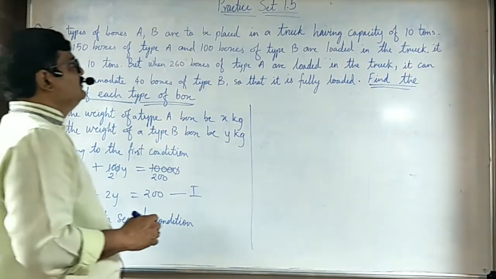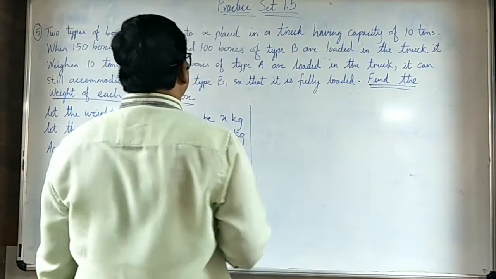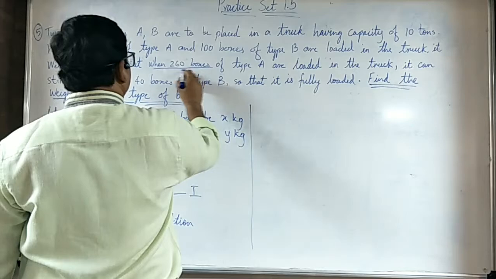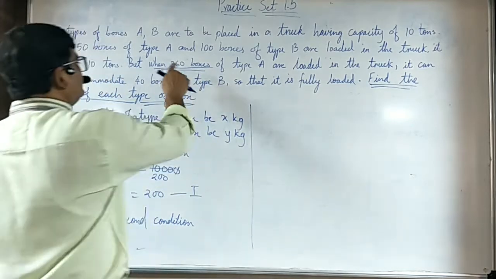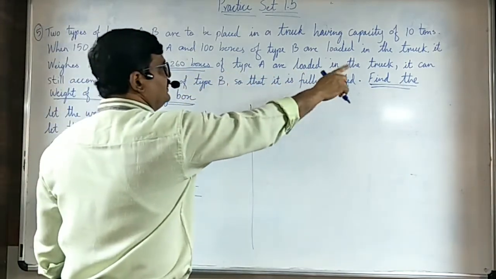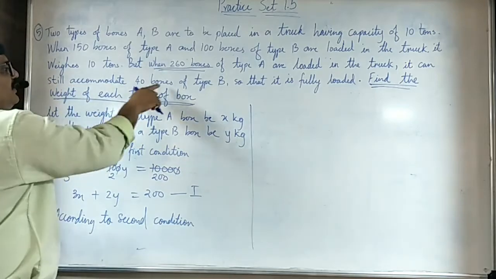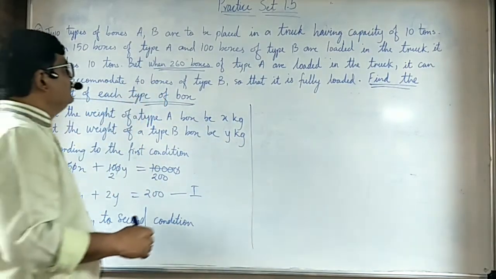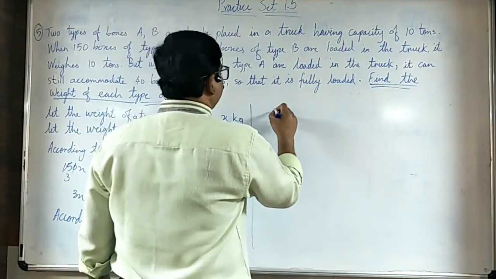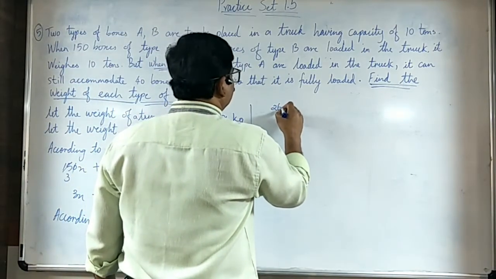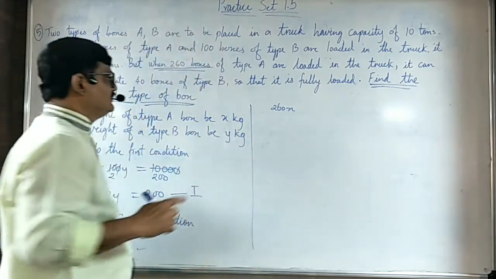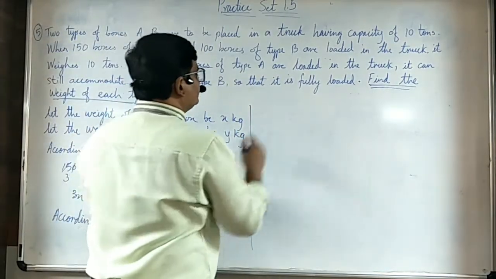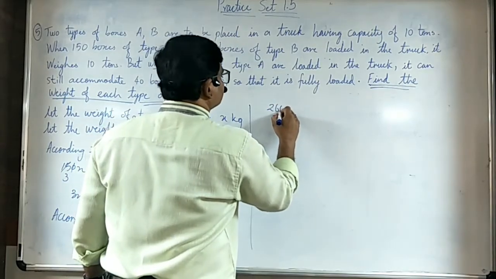If you read the second condition, starting from here: when 260 boxes of type A are loaded in the truck, it can still accommodate 40 boxes of type B. So in this case, 260 boxes of type A. The weight of one box is x kg, so the weight of 260 boxes will be 260x.